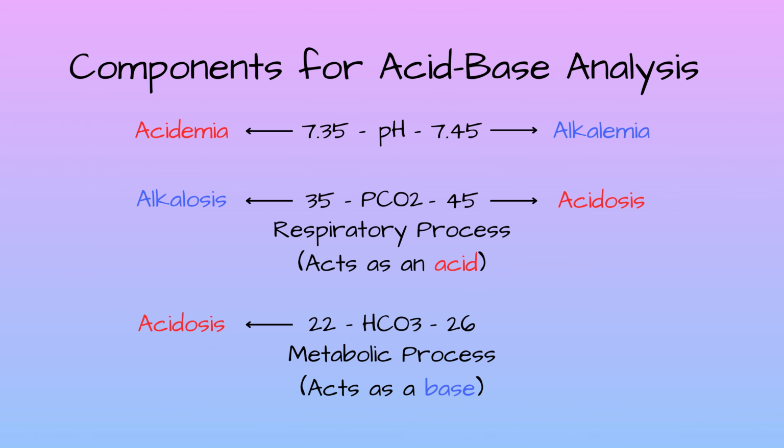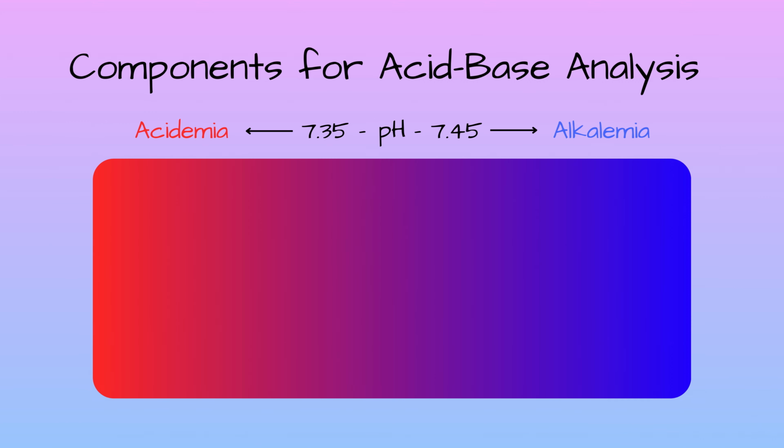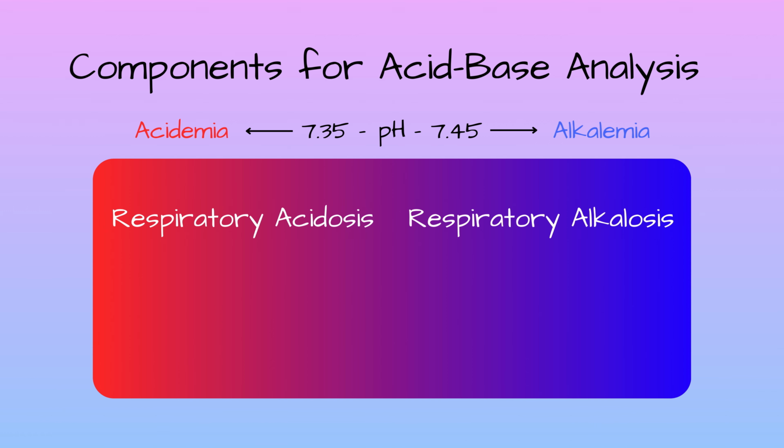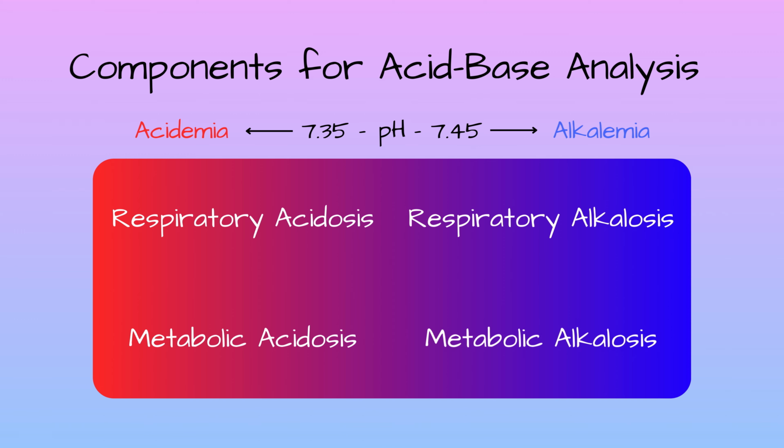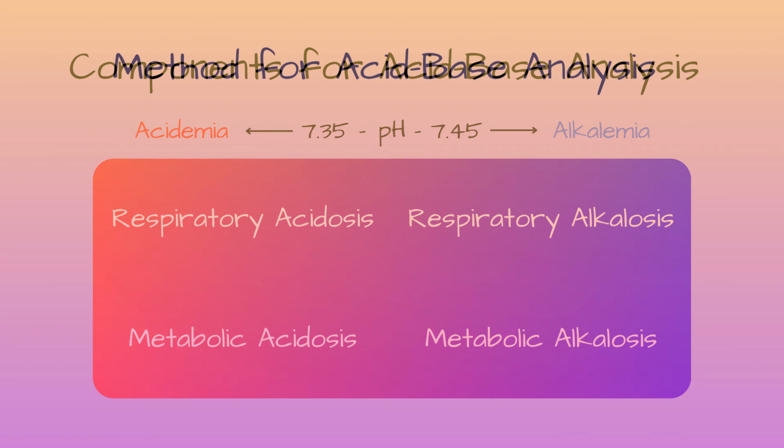And conversely, when there is more base, the blood would become more alkaline. Got it? Now that you understand the respiratory and metabolic processes in the body, you should be able to determine that there are 4 disorders of acid-base: a respiratory acidosis, a respiratory alkalosis, a metabolic acidosis, and a metabolic alkalosis.